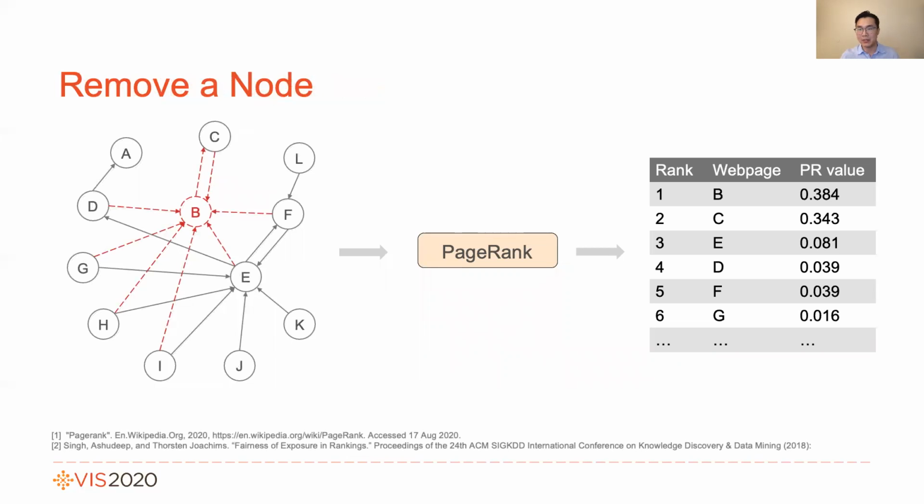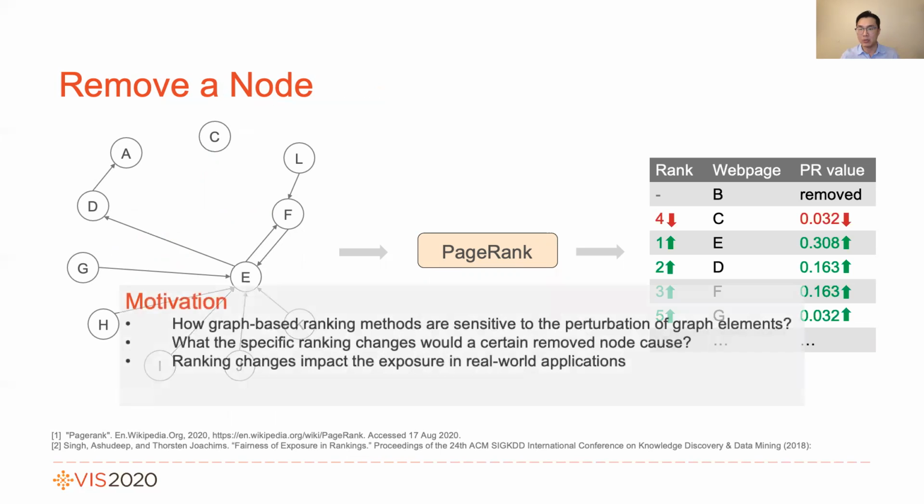Since such ranking methods are based on topological structure, we may wonder, what if we remove a node and its corresponding edges? How would the ranking result be influenced? Here we remove node B, and now node E is ranked as the top node as all PR values change. So this phenomenon actually brings us the motivation of our work.